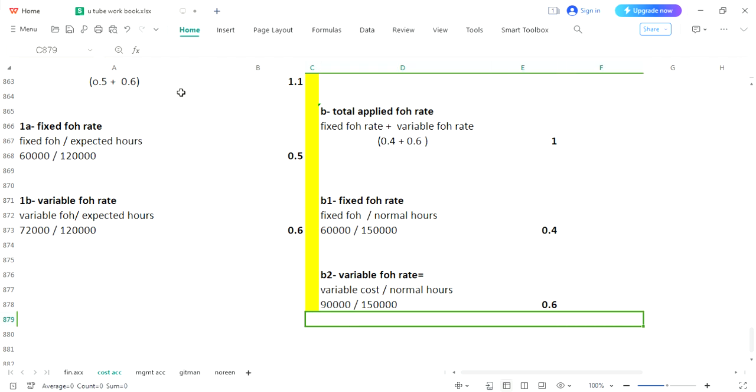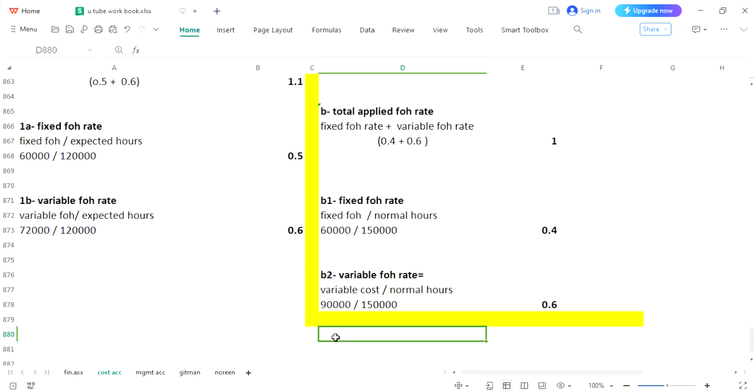FOH when the normal rate is given. This is our first entry. Here the C part would be solved. And what is that? FOH if normal capacity is used.